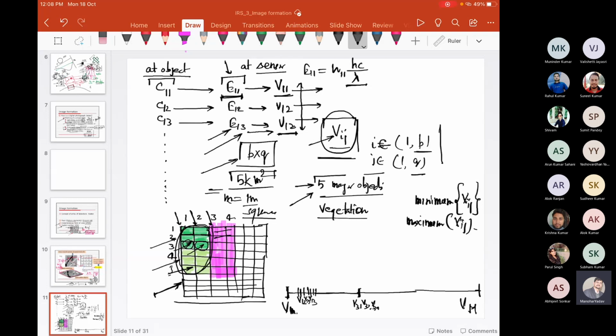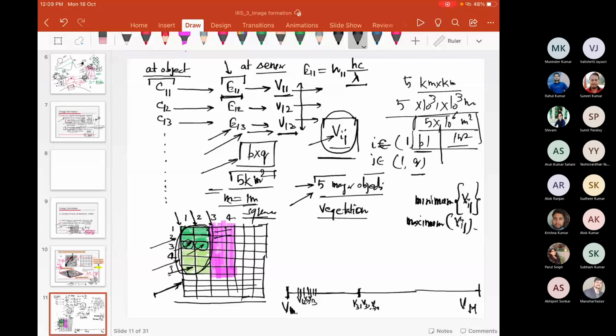So it is 5 kilometer into 5 kilometer. Convert into meters, it is 5 into 10 to the power 3 meter into 10 to the power 3 meter. So what will you get? It will be 5 into 10 to the power 6 meter square divided by 1 meter square. So how many cells do you have? 5 into 10 to the power 6.